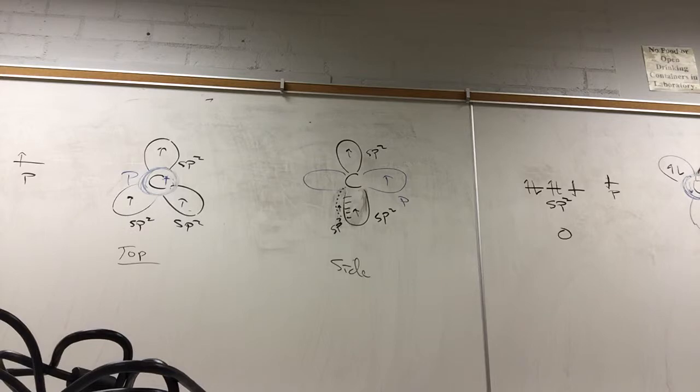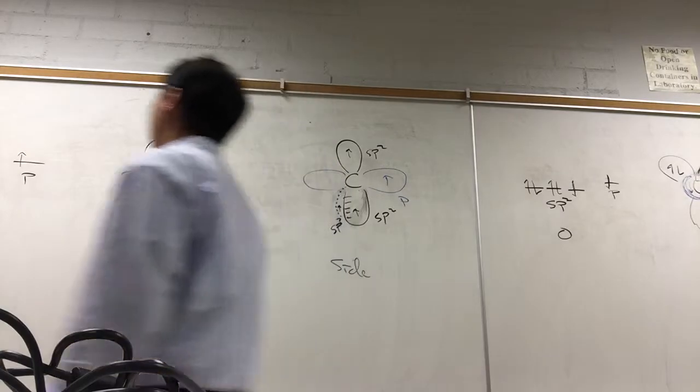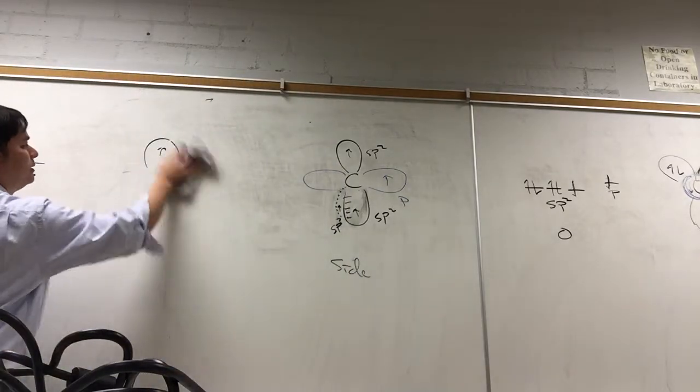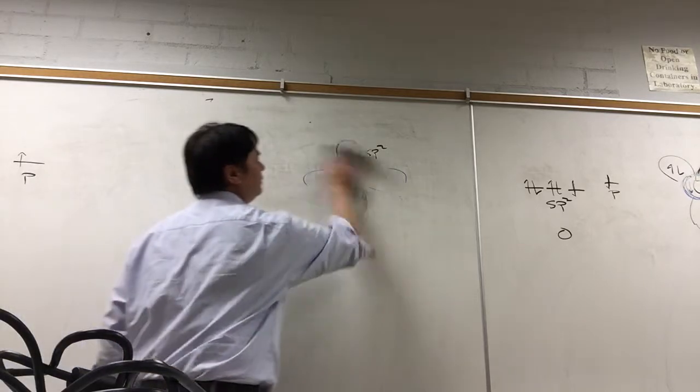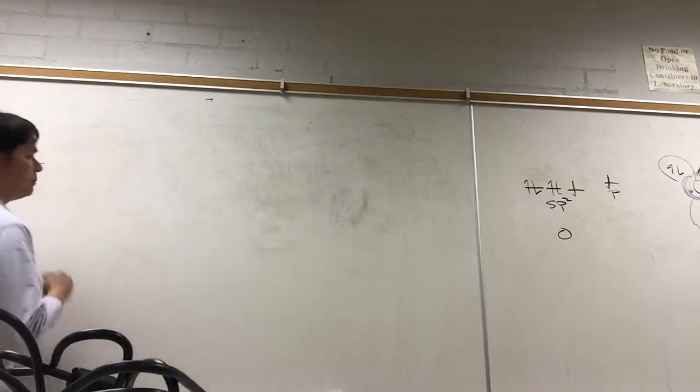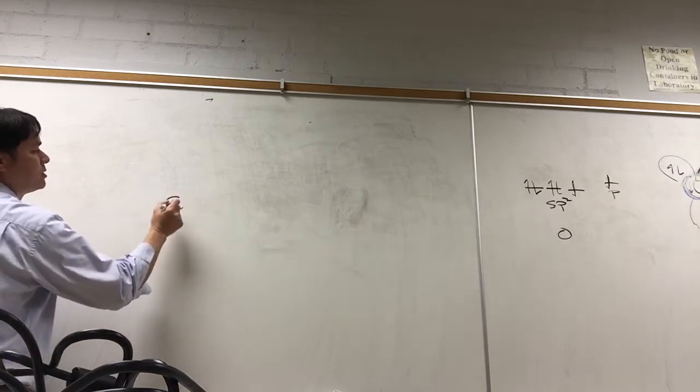So in valence bond theory, a bond consists of orbital overlap. Let me erase this here and draw it. Let's draw the bond from the carbon to the oxygen.